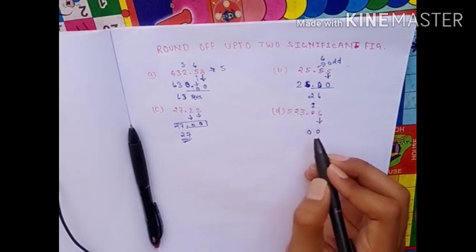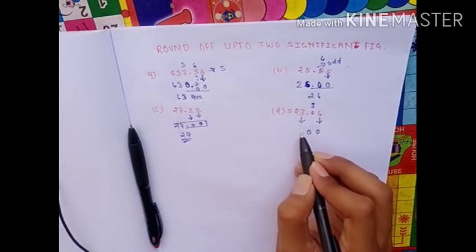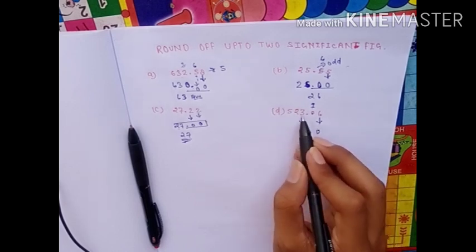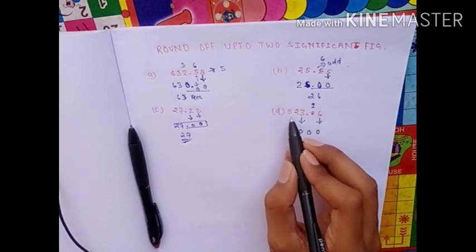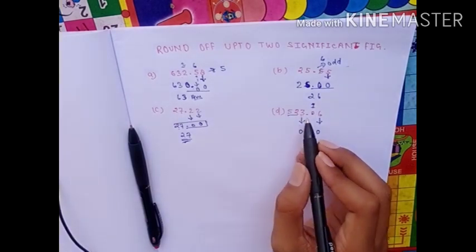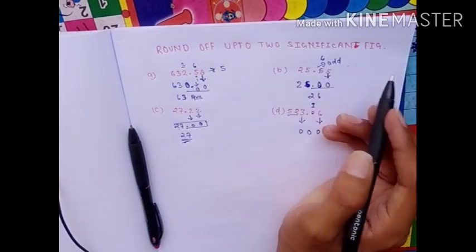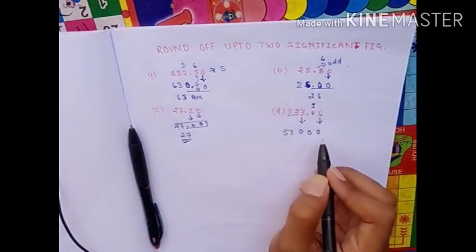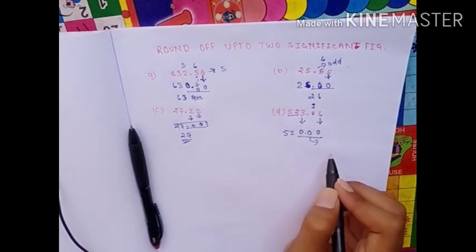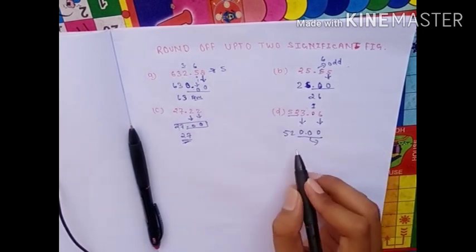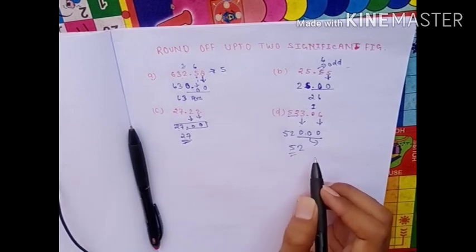Now drop 3, dropping the 3 becomes 0, and since 3 is also less than 5, there will be no increment. And what about 5 2? You do not drop them because you have to make it up to 2 significant figures, so write it as 5.2. Where was the point? Here. So remove again all these things, and you will have 52 as an answer.